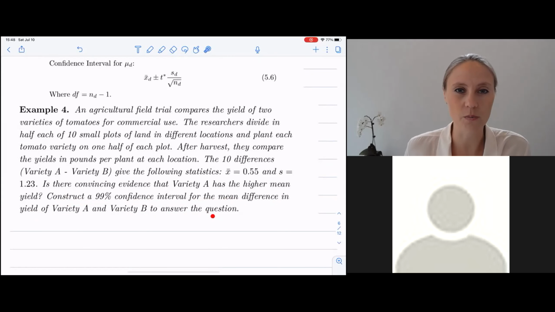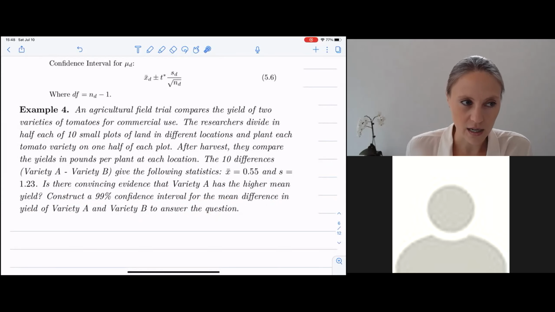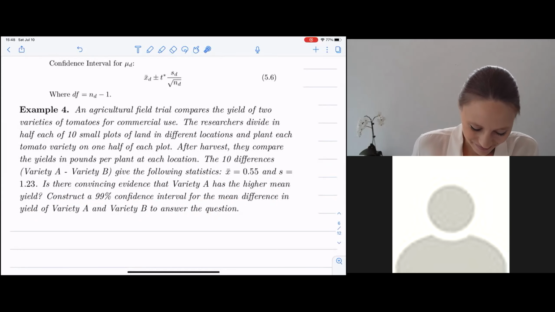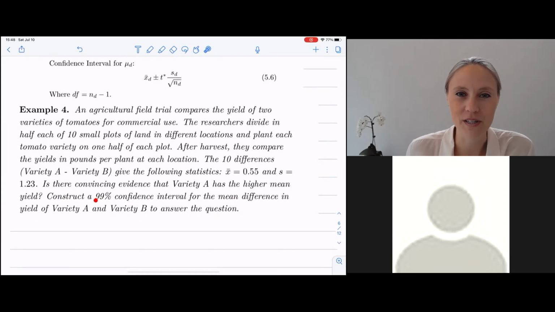Just as a side note, before I let you go and try this, I shouldn't say let you go, we're not there yet. A 99% confidence interval is the same as an alpha level of 0.01 for a two-sided test, right?